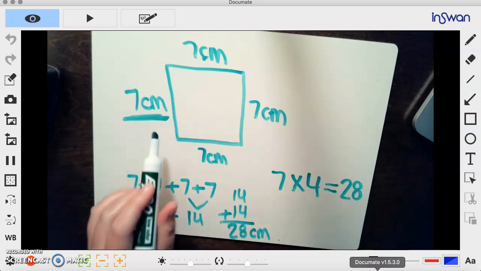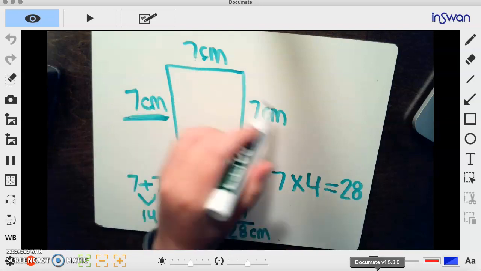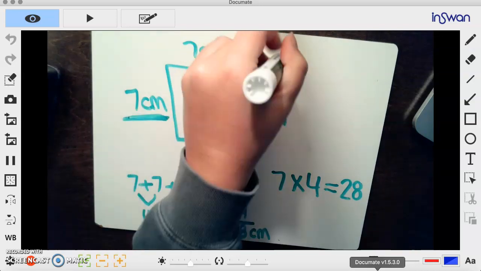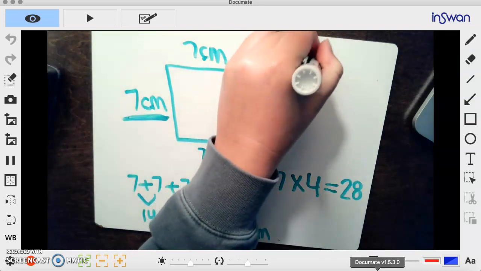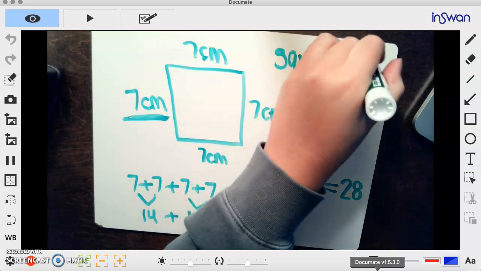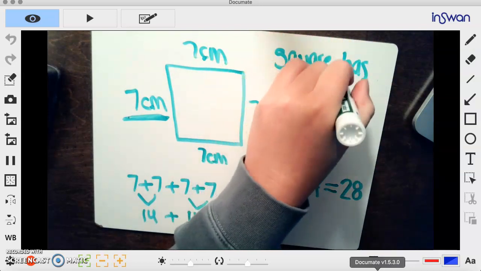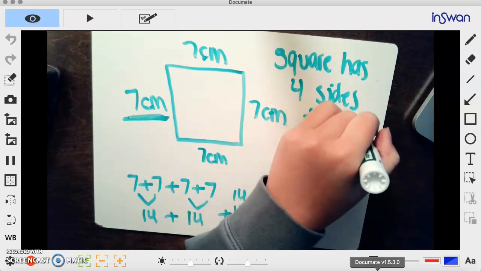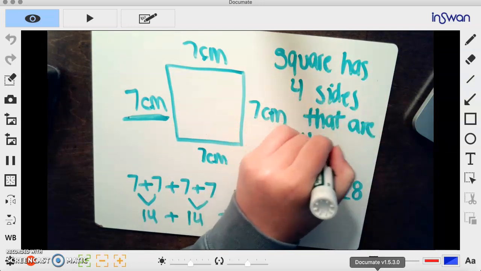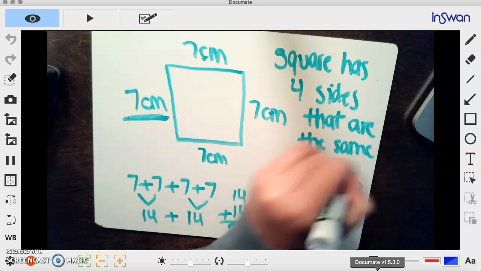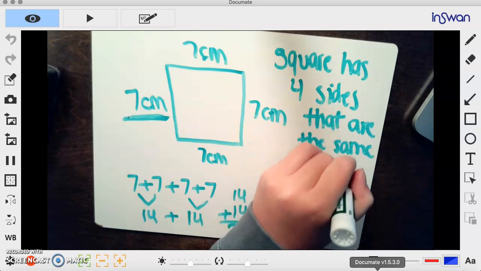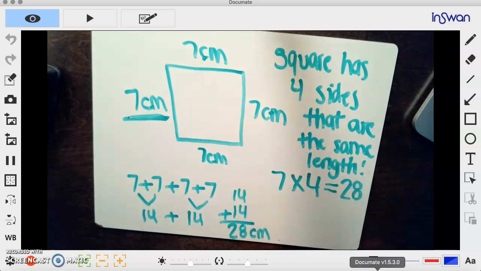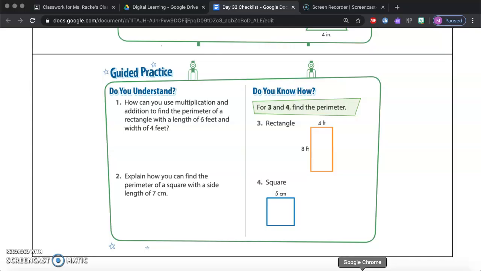So I'm able to know based off one side that all the others are 7 centimeters because a square has 4 sides that are the same length. So that is how I am able to do that.